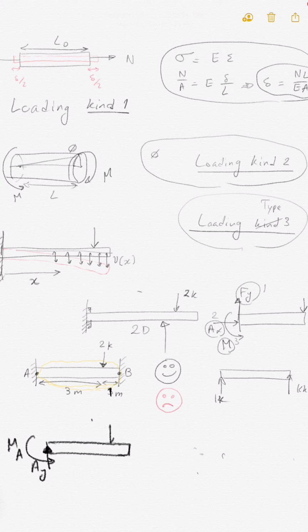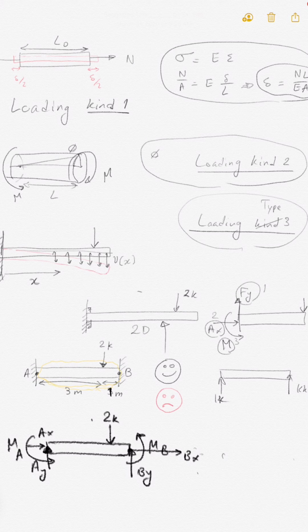Then you have a 2K load, which is here, and then you have MB and BY, right? So the question here is, how many unknowns do you have? Well, let's just simply add this AX and also BX here to make sure that we have everything included in the FBD, right?